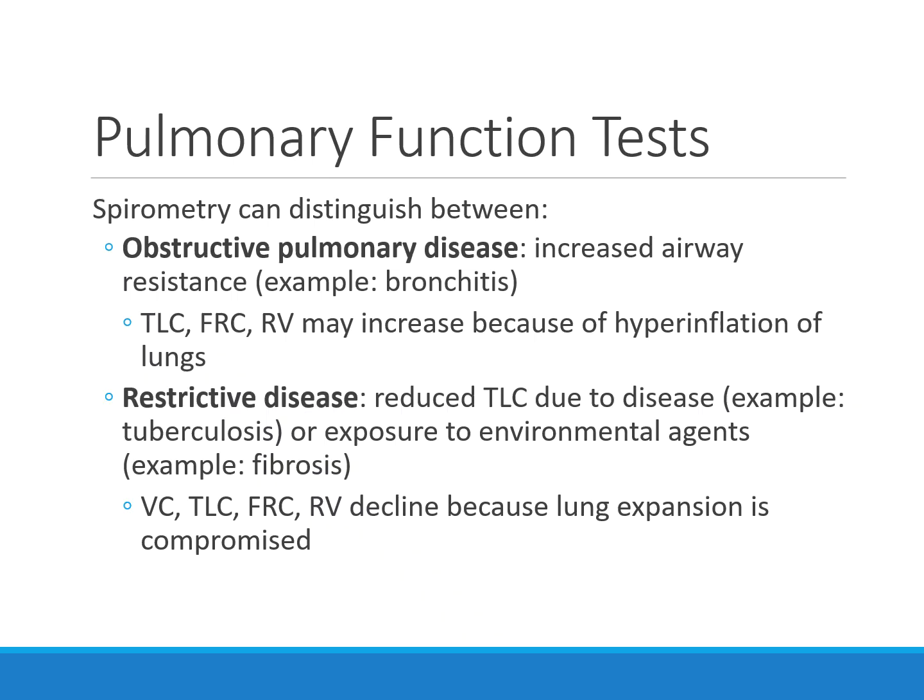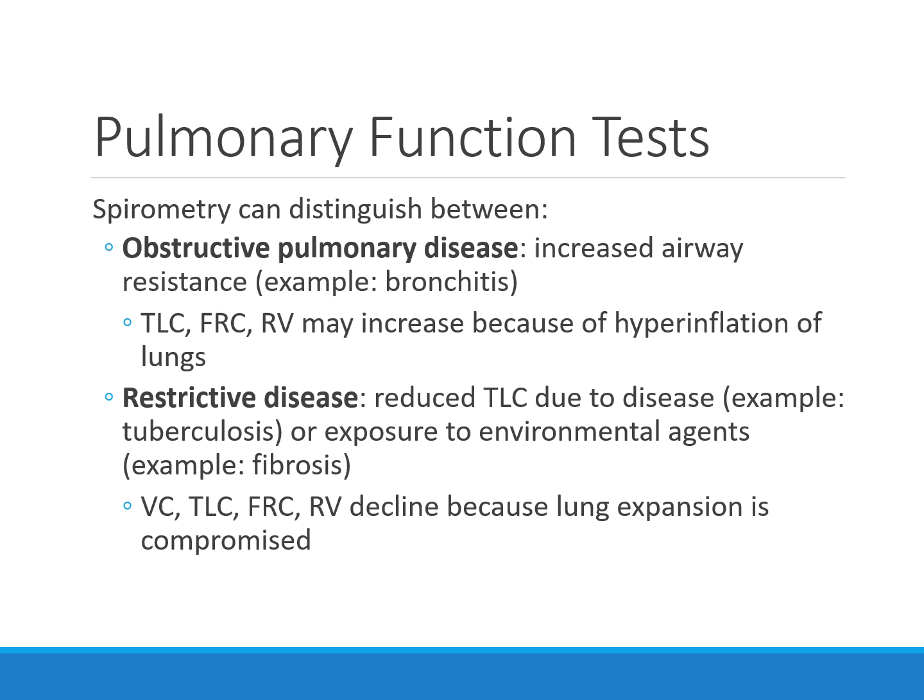Pulmonary function tests help us distinguish between different kinds of diseases. When we're looking at obstructive pulmonary disease, you have increased airway resistance. Some examples of this would be bronchitis. Your total lung capacity, functional residual capacity, and residual volume may increase because of hyperinflation of the lungs.